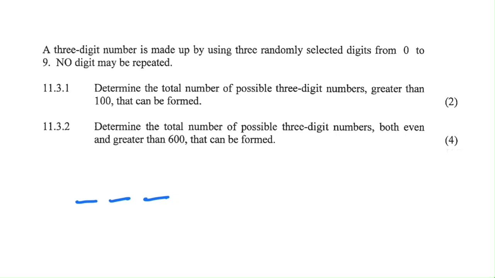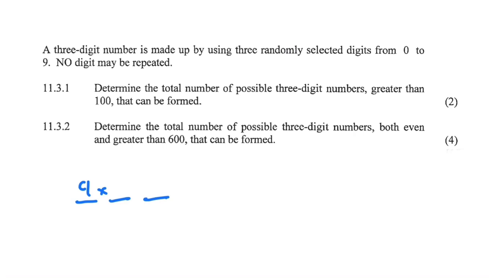So how many possible numbers can occupy the first spot? 9 possible digits can occupy the first spot, 1 up to 9. 0 cannot occupy that spot. So now that out of our 10 digits from 0 to 9, we've exhausted 1.